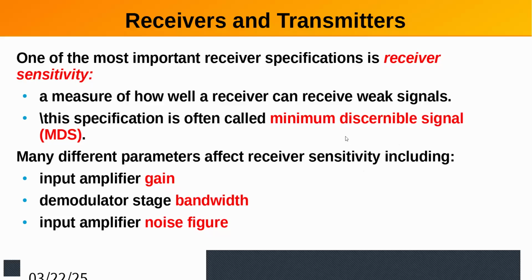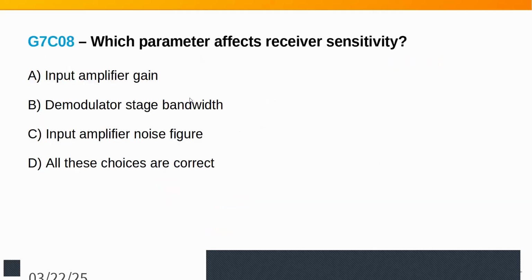But like I said, if you're looking at low band HF, there's so much atmospheric noise that that's not a very important factor. Sensitivity is not your friend then. Right. And gain isn't necessarily either. Sometimes an attenuator works better. So what parameter affects receiver sensitivity? Everything.